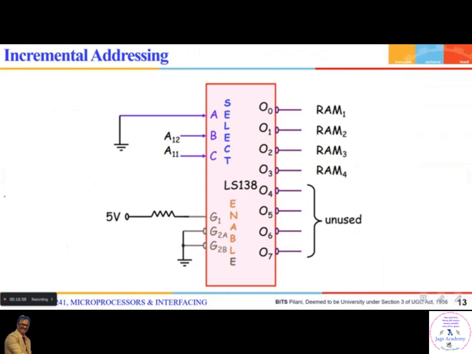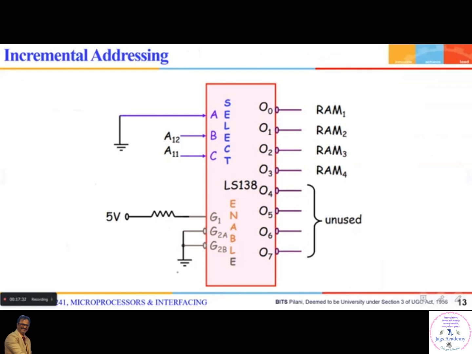Similarly, you know that G1 you want high always, and all the other inputs are zero. So that's why you do this grounding of G2A and G2B also. Understood this? And you also need G1 to be 1, and this G1 to be 1 can be connected by using 5 volts.